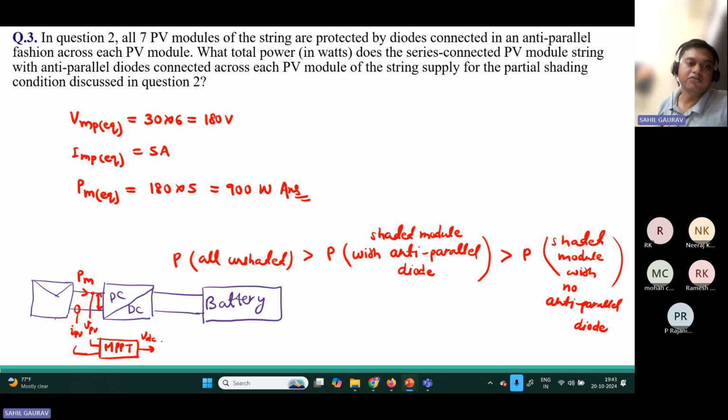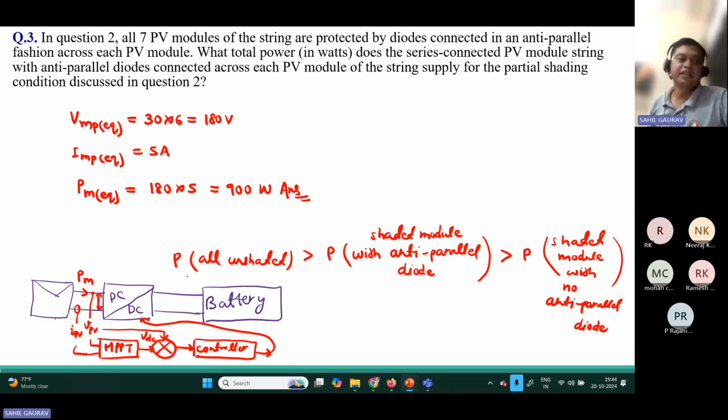Then you pass it through a controller, and the error goes through this controller. That is the general structure, and that will generate the duty cycle and drive the switches. So this is the general structure of MPPT.